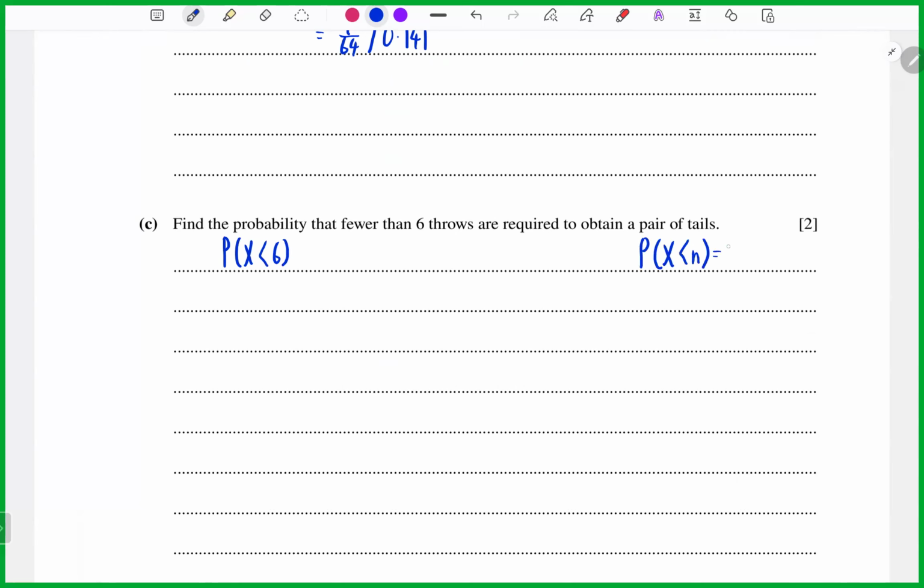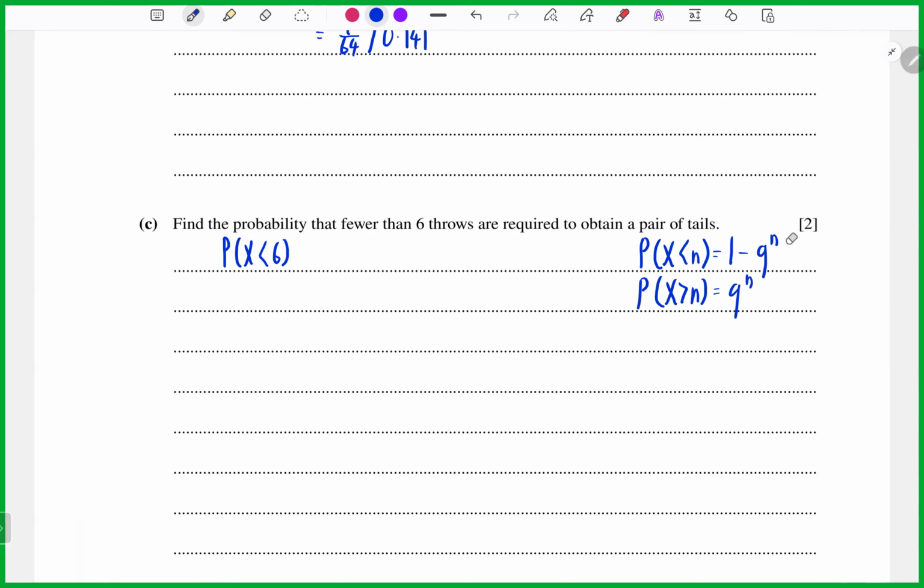When less than, you can take 1 minus q to the power n.